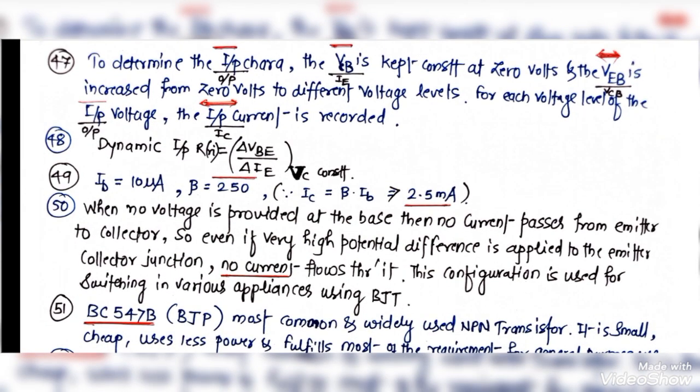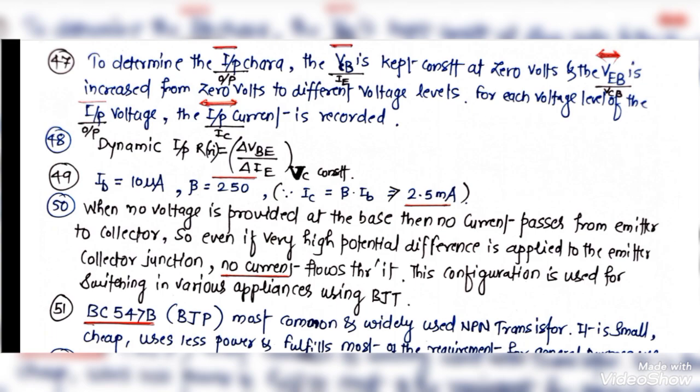And to determine the output characteristics, the IE is kept constant at 0 current and VCB is increased from 0 volts to different voltage levels. For each voltage level of the output voltage, the IC current is recorded.